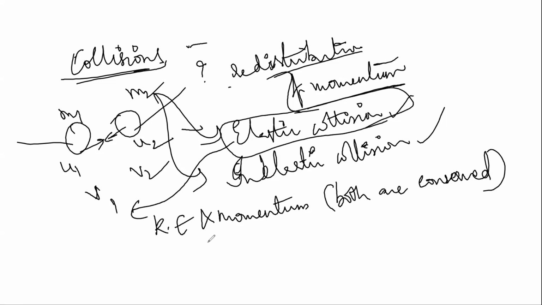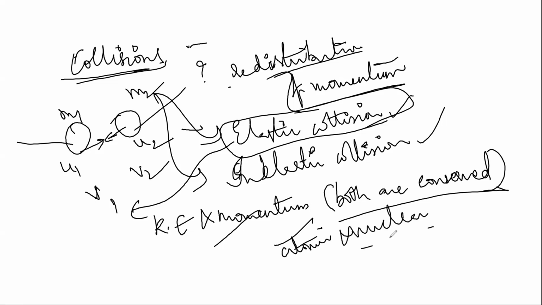For example, atomic and nuclear collisions can be treated as elastic collisions. So what is an elastic collision? When the kinetic energy and momentum of bodies or particles remain conserved in the collision, then such a collision is said to be elastic.